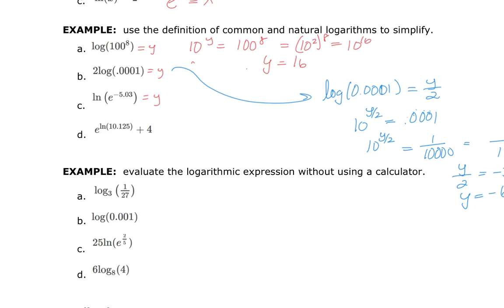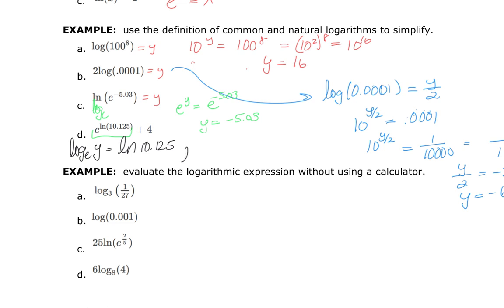This one is easy. This is the log base e. So e to the y is equal to e to the -5.03. That means y is equal to -5.03. Now for D, I'm going to take this first term right here, and put it into its equivalent logarithmic form. So this is the log base e of y is equal to the natural log of 10.125.